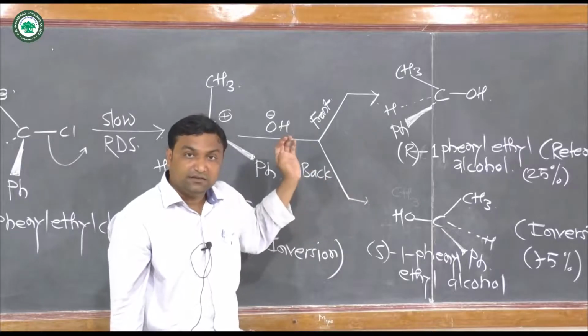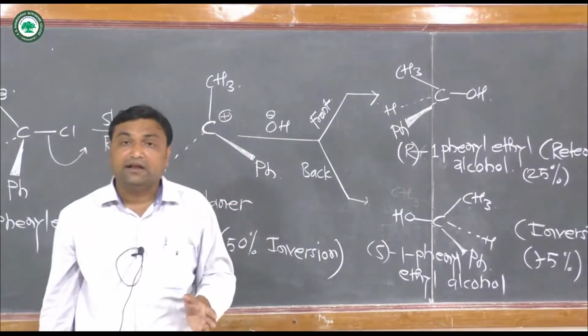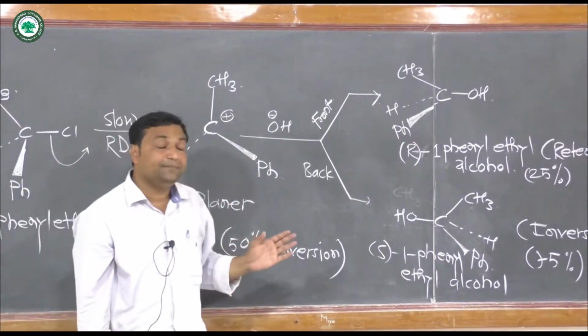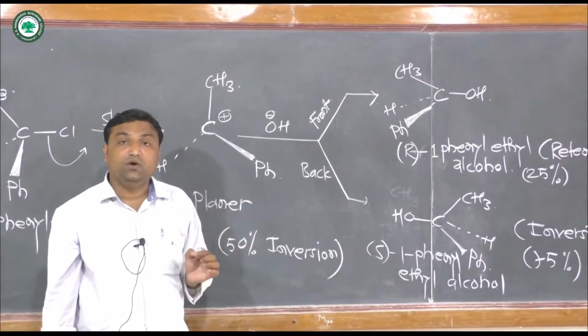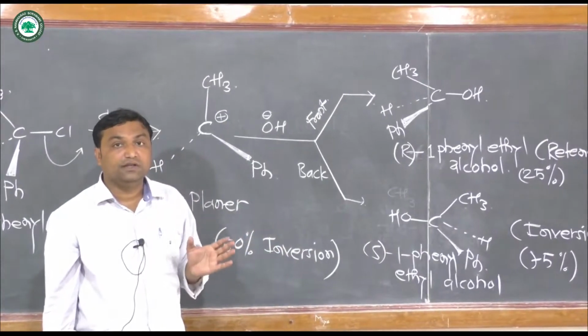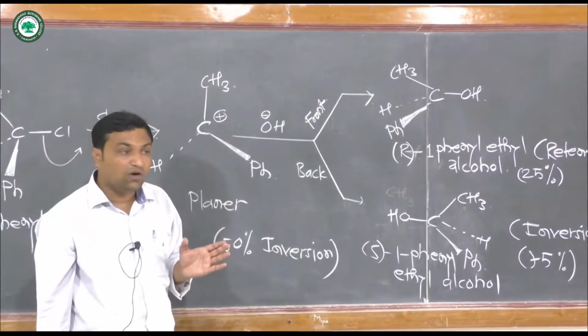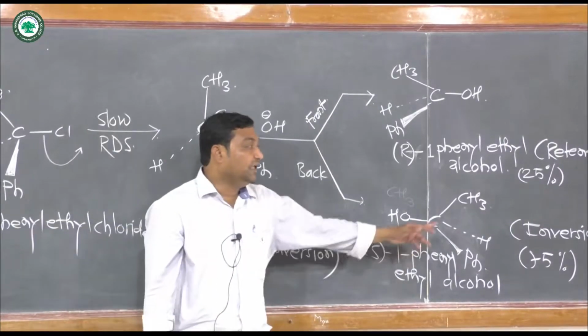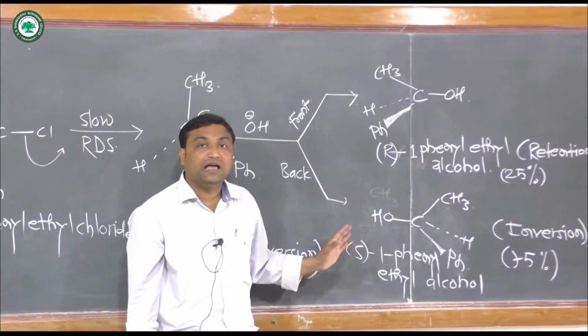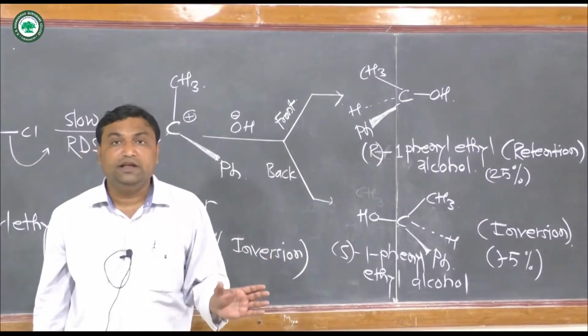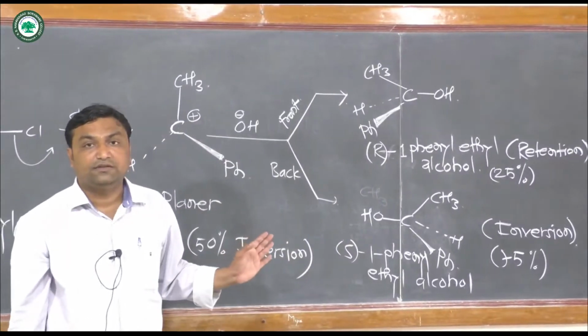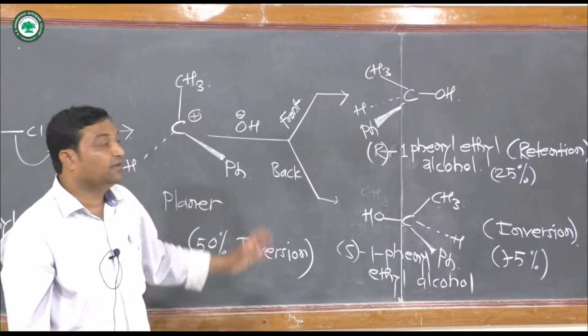Instead, the planarity of the carbocation and the nucleophilicity of the solvent result in the formation of inversion of configuration as the major product in the SN1 reaction. That is all about the SN1 reaction.